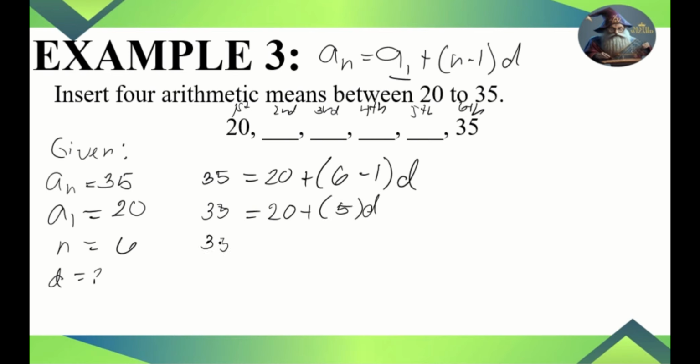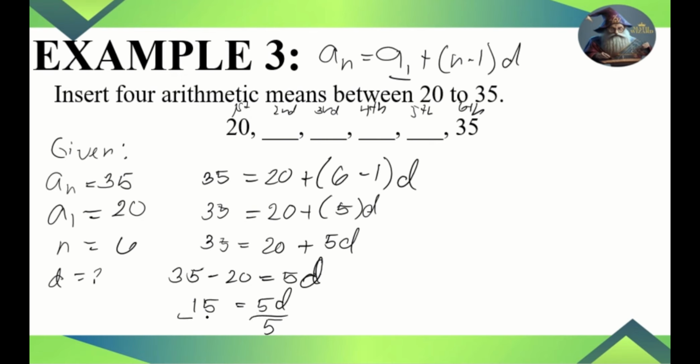Okay, so 35 is equal to 20 plus 5d. Itong 20, i-transpose natin sa kabila. So 35 less 20 is equal to 5d. So 35 less 20, that is 15, is equal to 5d. Divide both sides by 5. So cancel ito, cancel yan. So d now is equal to 15 divided by 5, that is 3.